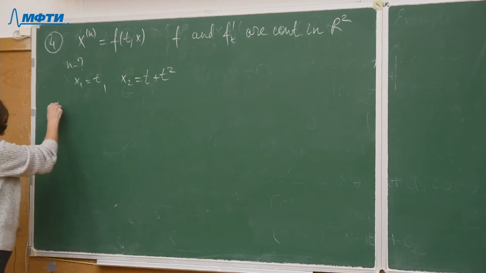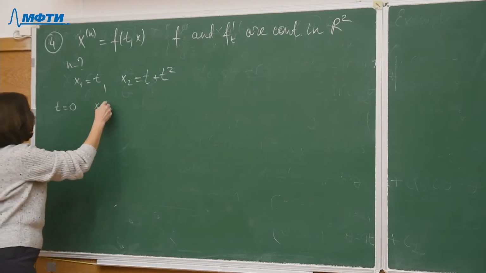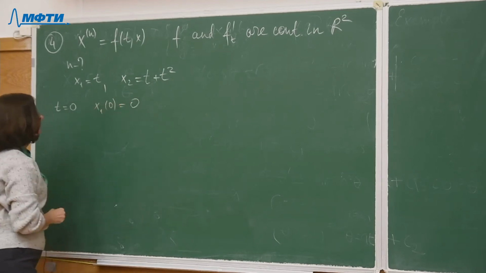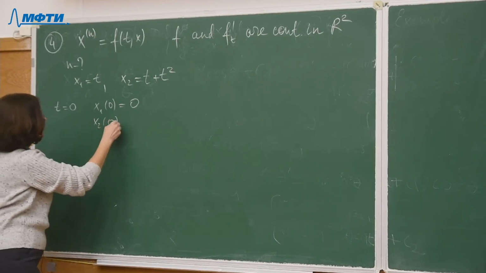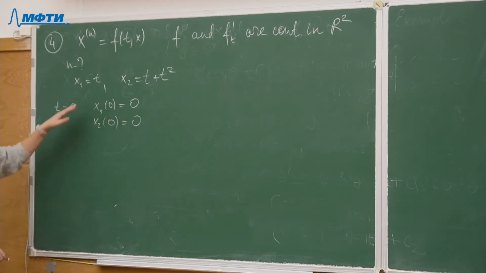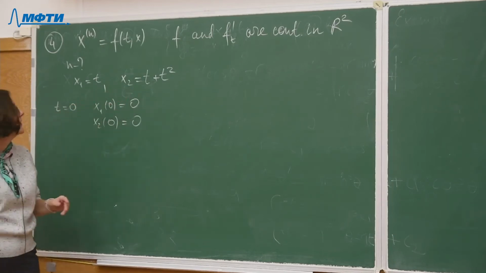Let's take t equals 0, and we have x1 of 0 equals 0 and x2 of 0 equals 0. But these two solutions are different, right?